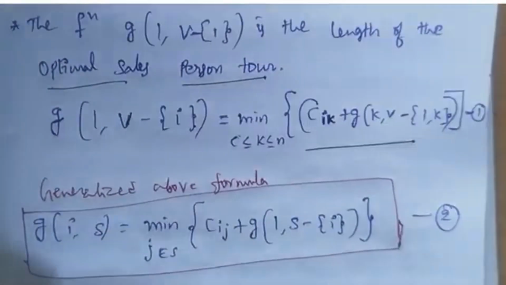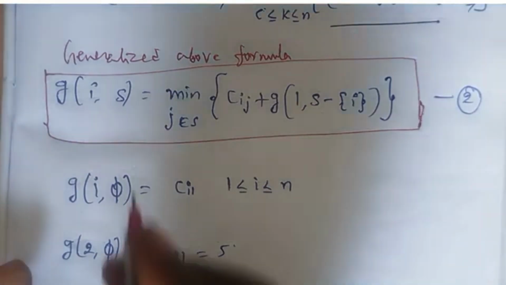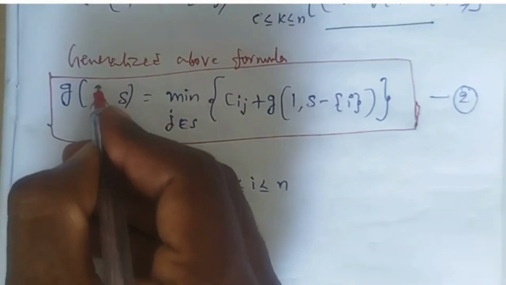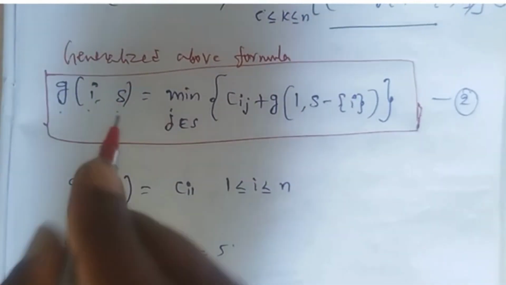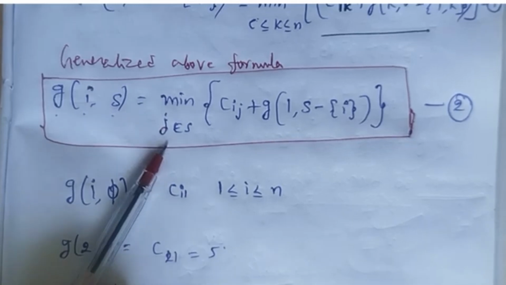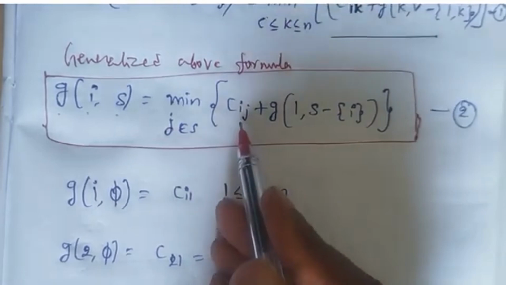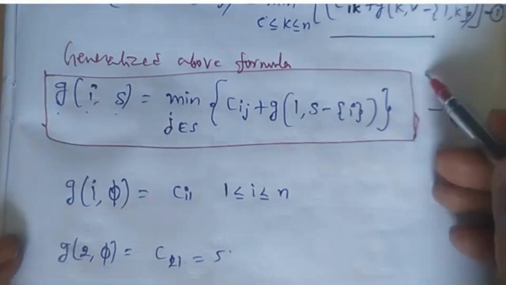The formula is g(i, S) equals the minimum over j in S, where j is a city other than the starting city, of c(i,j) + g(j, S - {j}). This is the standard formula.